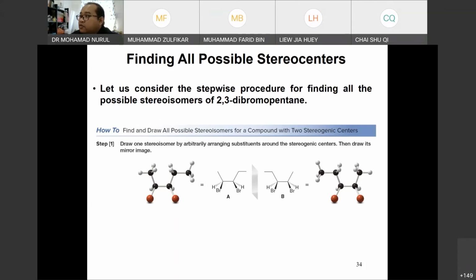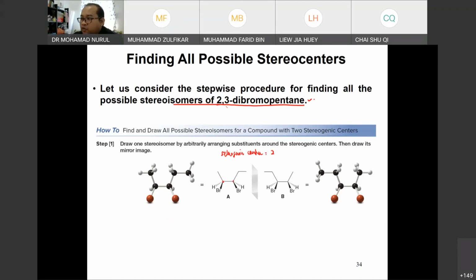Let us consider a stepwise procedure for finding all the possible stereoisomers of 2,3-dibromopentane. For example, we have this compound, the skeletal structure, and we know that it has two stereogenic centers, 1 and 2 here.